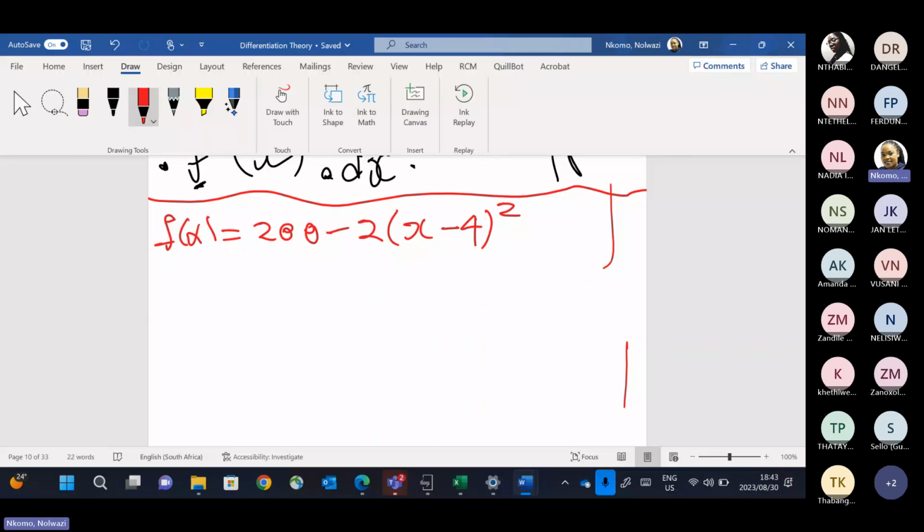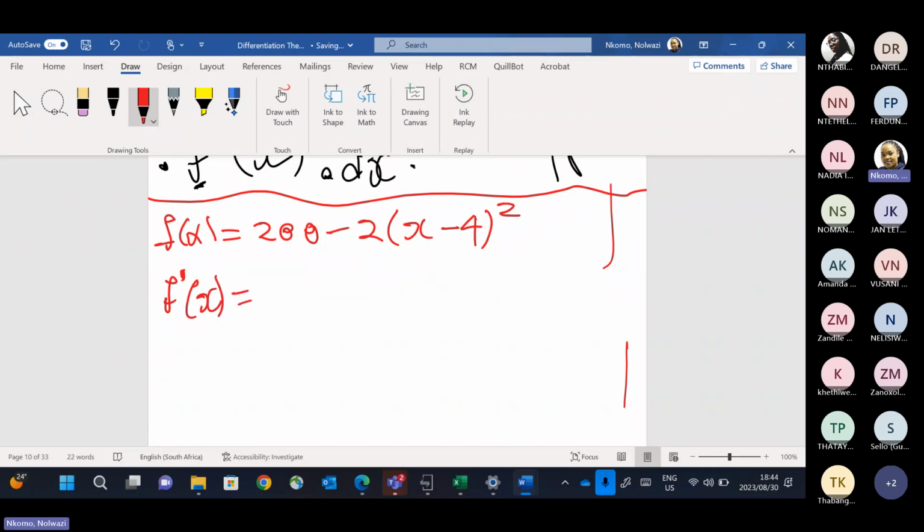Okay? First part is to find the derivative of the given function. This is our function. This means we need to find f prime of x, right?